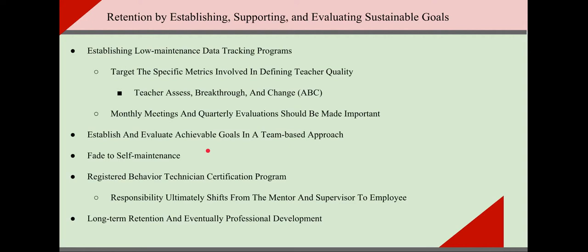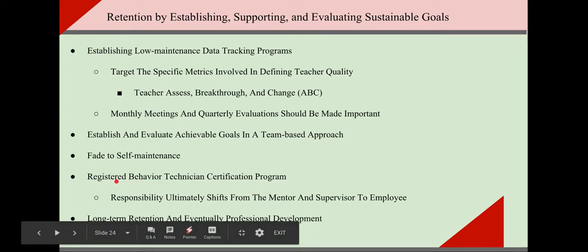One of the really good ways we can find for defining this teacher quality would be this teacher assess and breakthrough and change measure. And with that, you can find ways to measure the change over time.